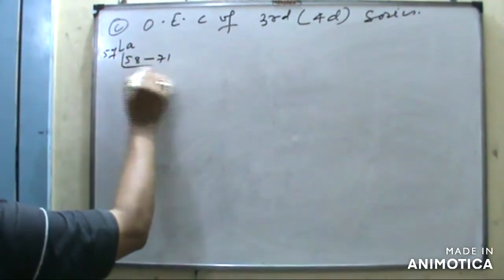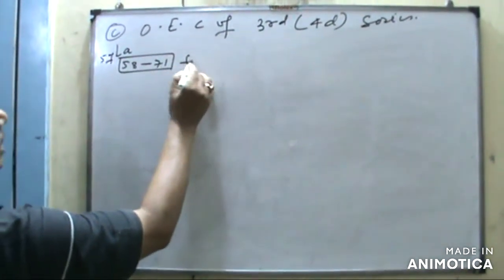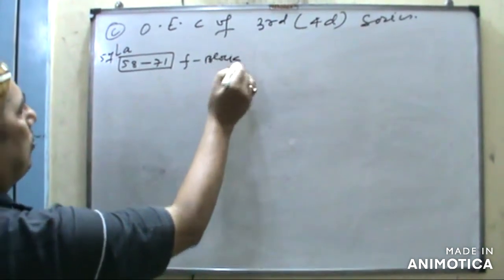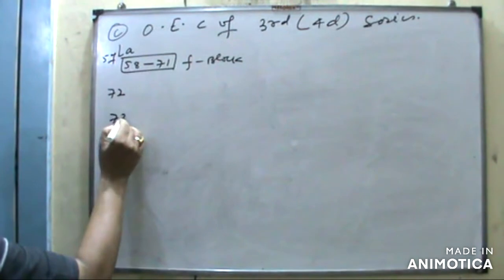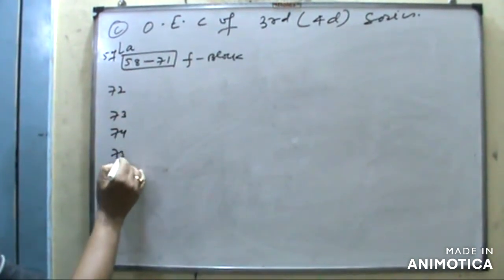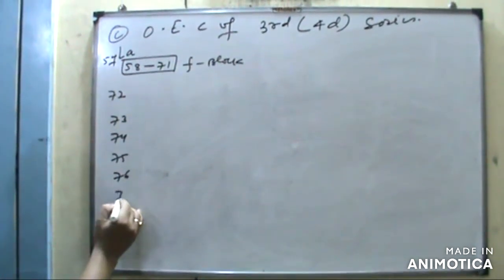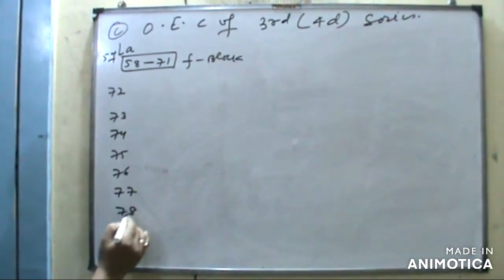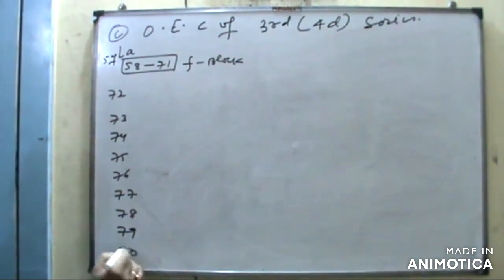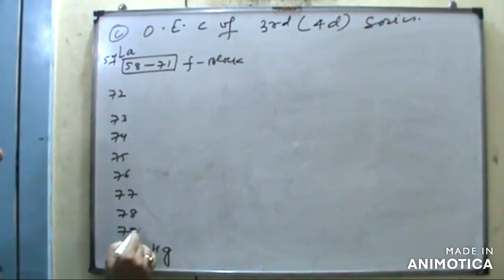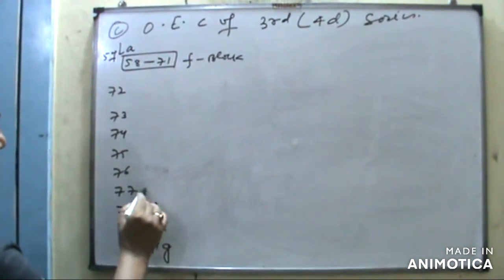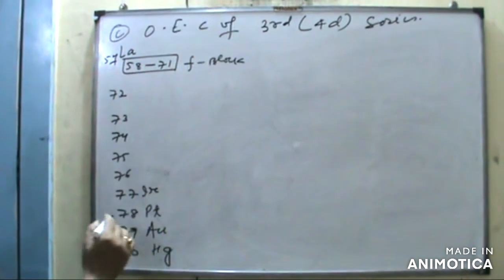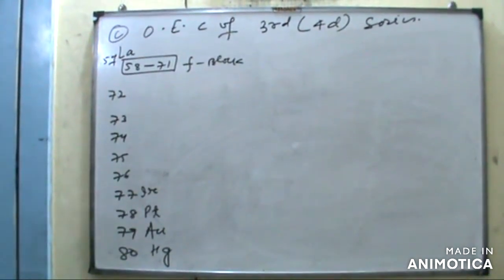Why do you have to remove them? Because these are the f block, and then after 71 comes 72, 73, 74, 75, 76, 77, 78, 79 and 80. You know 80 is mercury, 79 is gold, 78 is platinum, and then iridium.